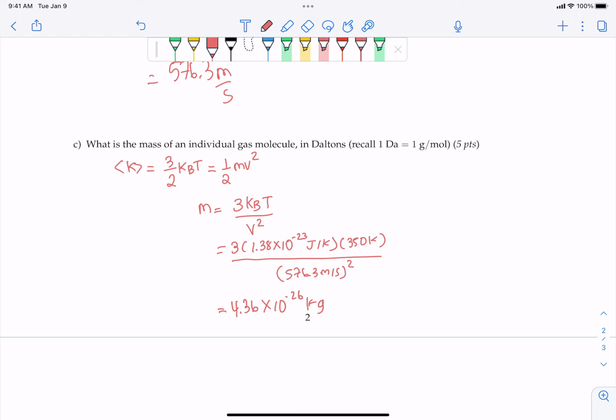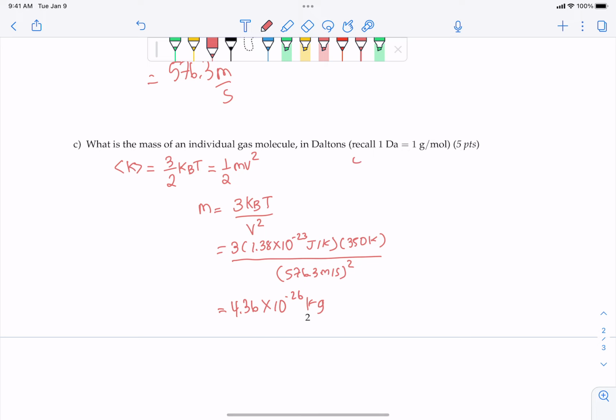Yep. So now that we have it in kilograms, how can we get that to grams per mole and then to Daltons after that? Because we know that this would be the mass of an individual gas molecule in kilograms.